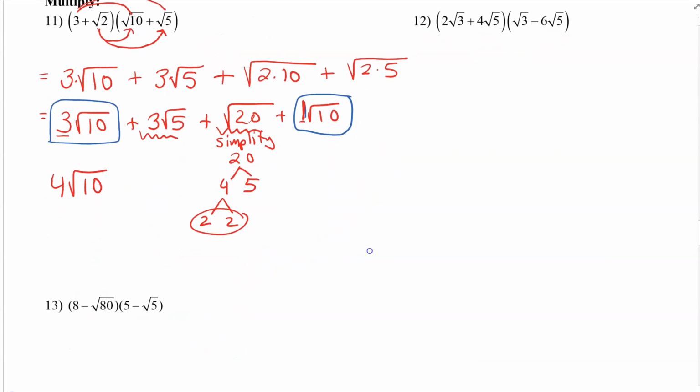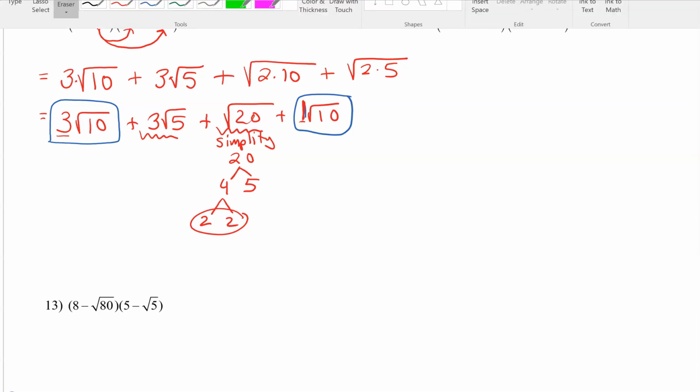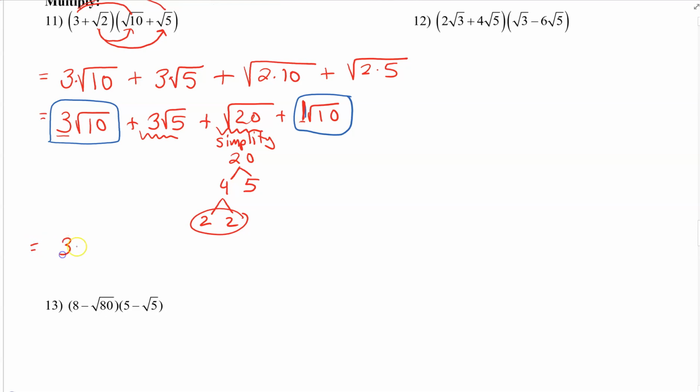So let's see what we've got here. Let me just erase this for 1 sec and write this out again. So I've got 3 rad 10 plus 3 rad 5 plus 2 rad 5, right? Because the 2 from the square root 20 can come out. The single factor of 5 stays in, and then I have my 1 square root of 10.